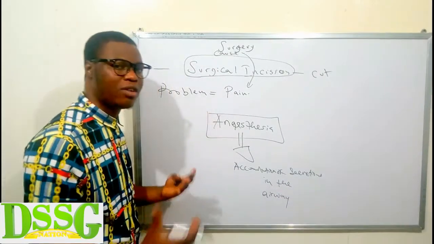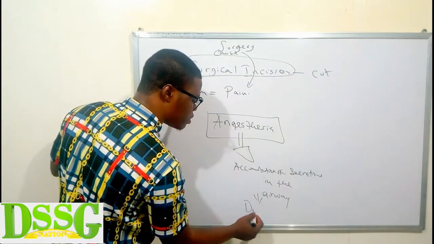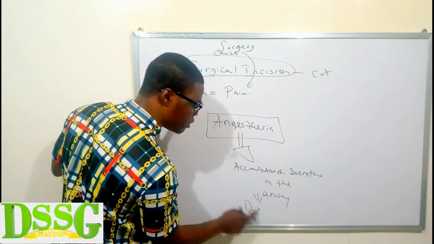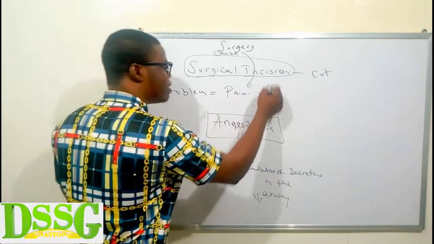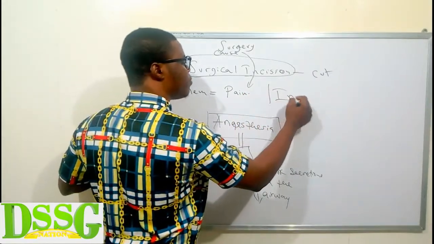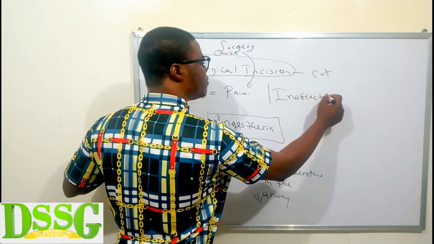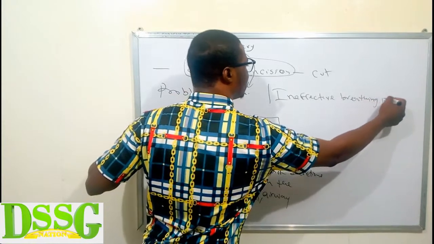So there will be accumulation of secretions in the airway, and hereby leading to what? Difficulty in breathing. So I want to use difficulty in breathing. Let me call it ineffective breathing pattern. So that is another problem that the person is going to have. Ineffective breathing pattern.